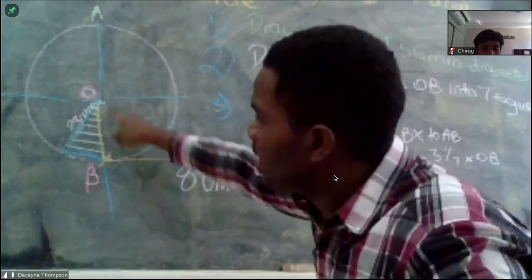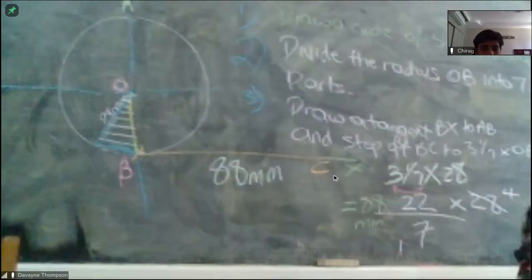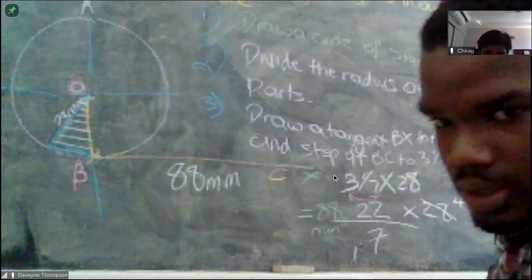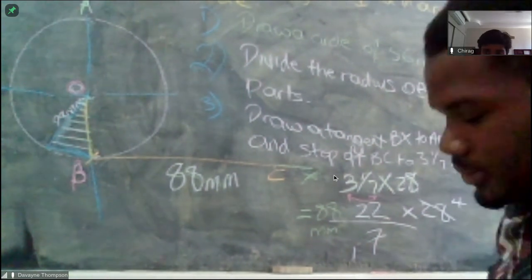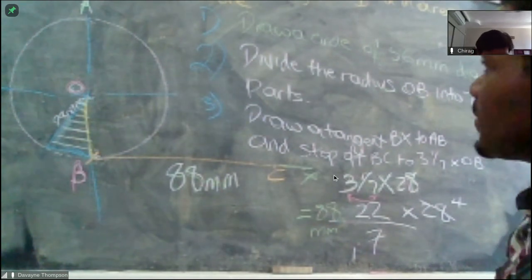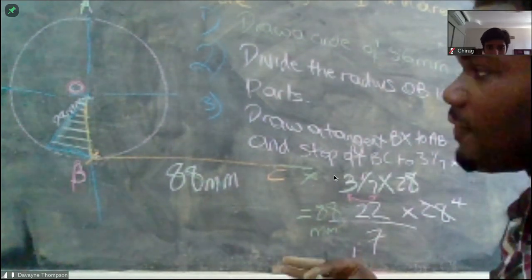And we knew OB was 28 millimeters, right? Why is it 3/7? Oh, that's the formula to find a triangle equal in area to a given circle. So it's basically a formula.